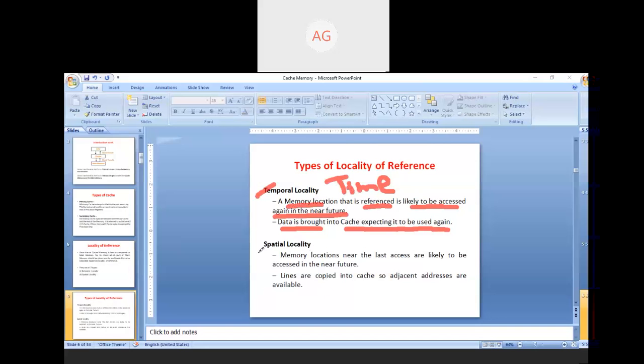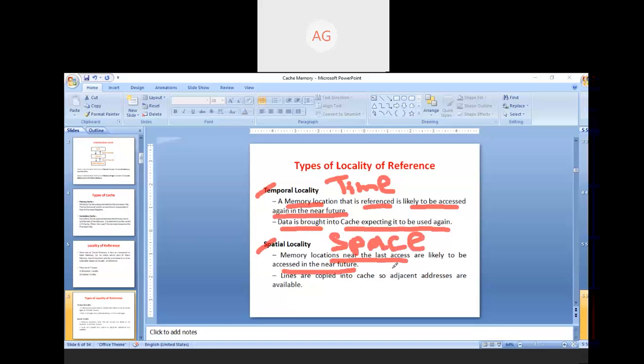The second is spatial locality, which is based on the space concept. The memory locations near the last access are likely to be accessed in the near future.